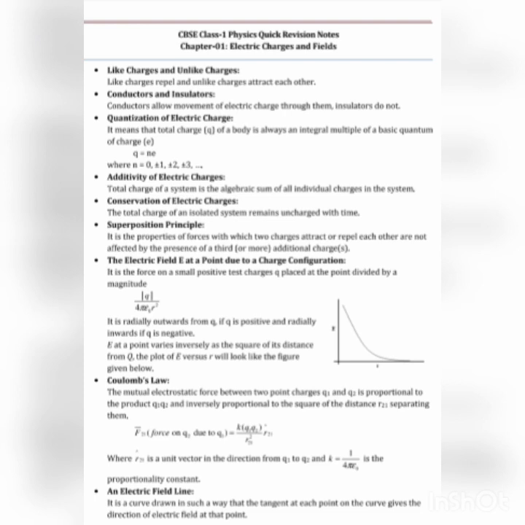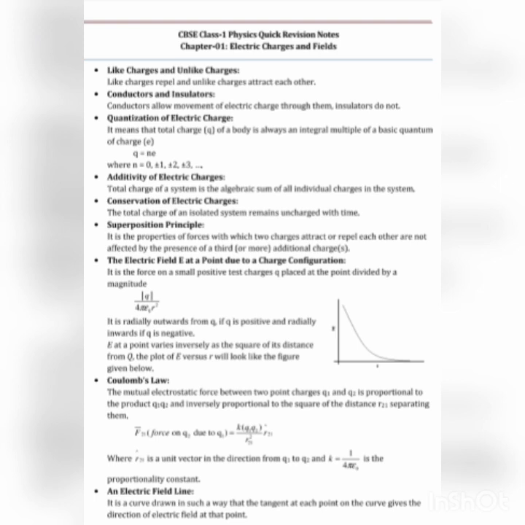Quantization of electric charge. It means the total charge Q of a body is always an integral multiple of a basic quantum of charge e. Total charge includes the charge of all electrons of a body, which is Q equals n e. The charge of a single electron is 1.6 into 10 to the power minus 19.